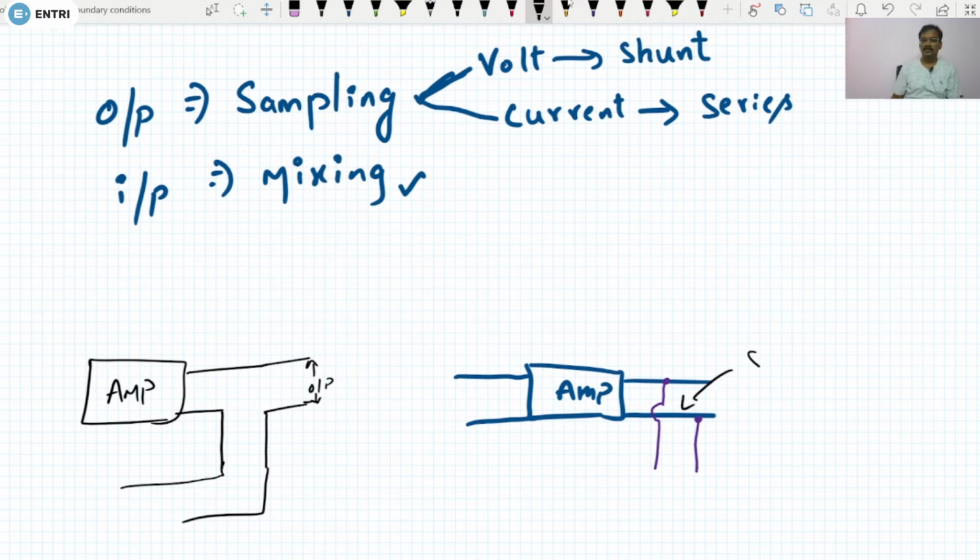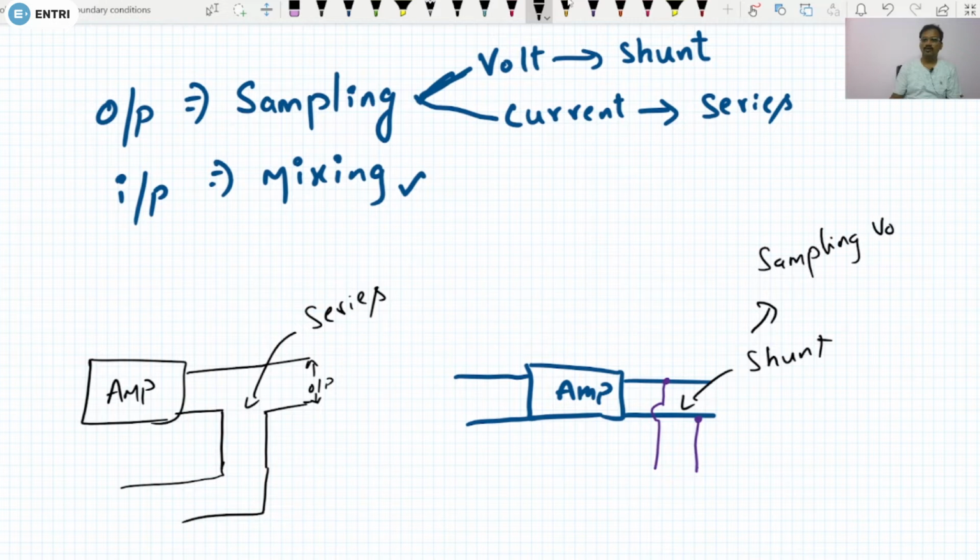So this is the shunt connection, and this is the series connection. In shunt you are sampling the voltage. In series connection you are sampling the current.